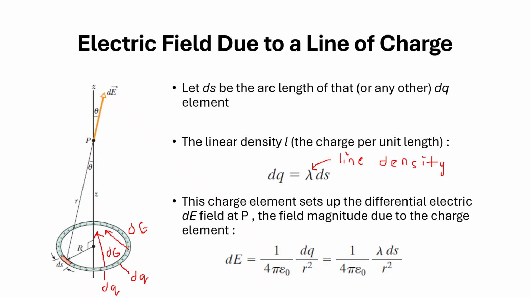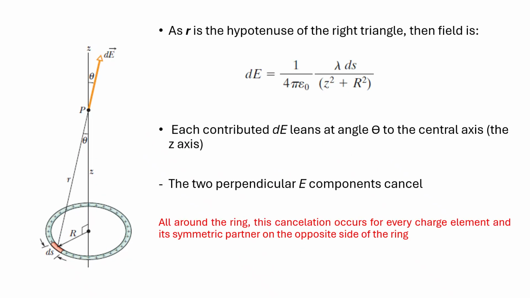R square is the distance from this charge element to this point P. Using the hypotenuse, as you can see, we have this hypotenuse here. Using this hypotenuse, you will conclude that R here is equal to the square root of z square plus r square.